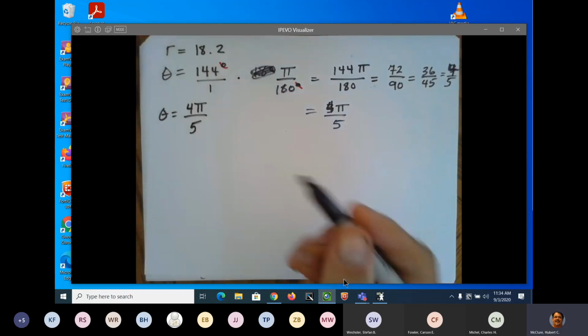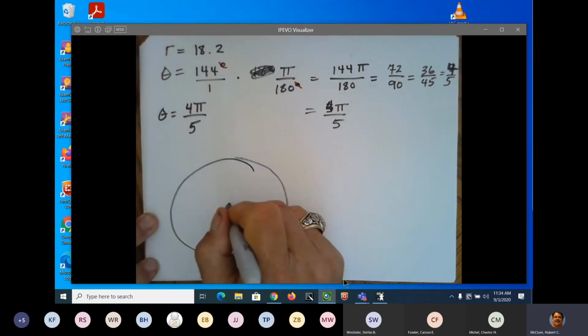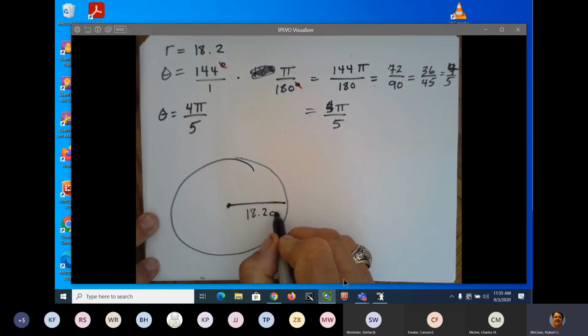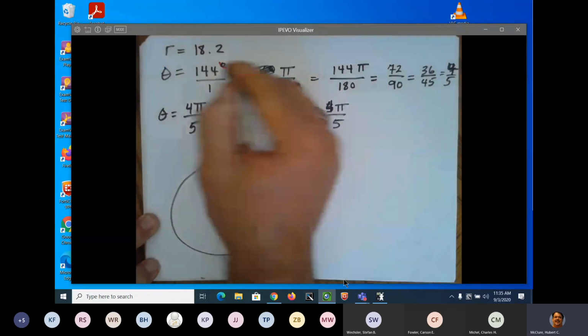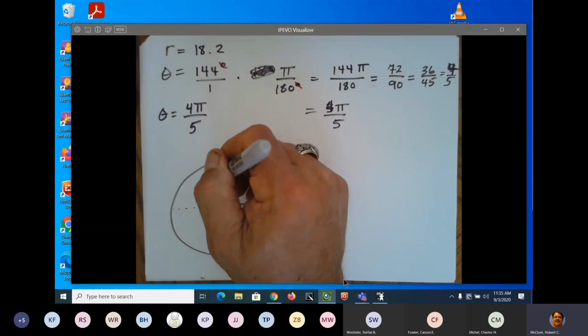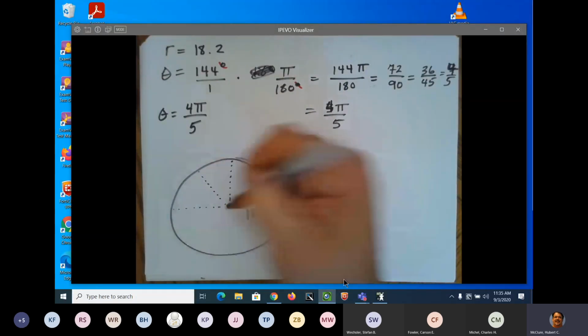Now this one's easy because you know where 144 is. Here's your radius. Radius is equal to 18.2 centimeters. And here's 90. You're going 144. Well, here's 180. 90 plus 45 is 135. So 135 is right about there.